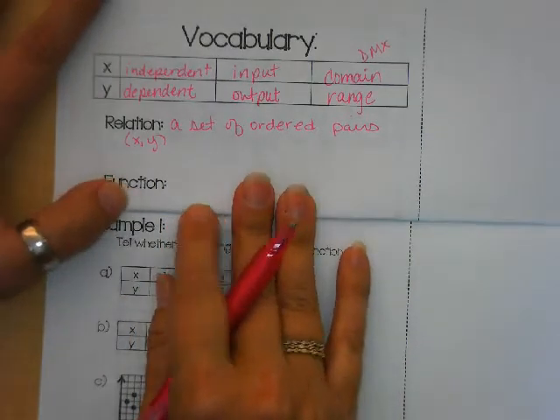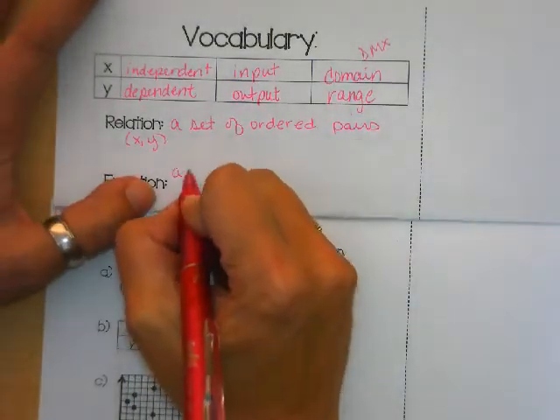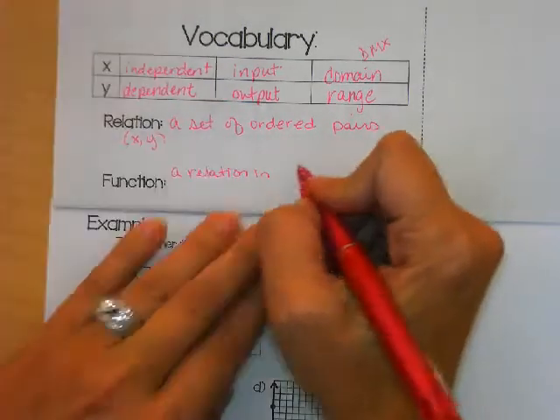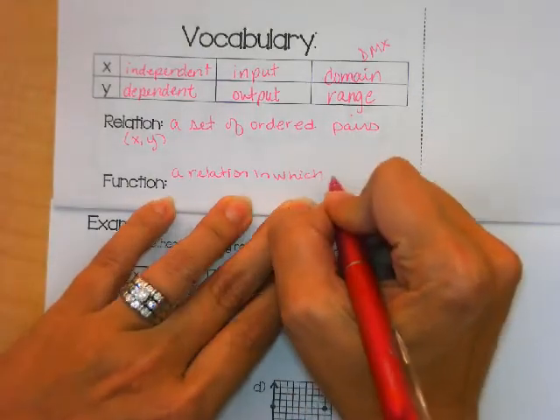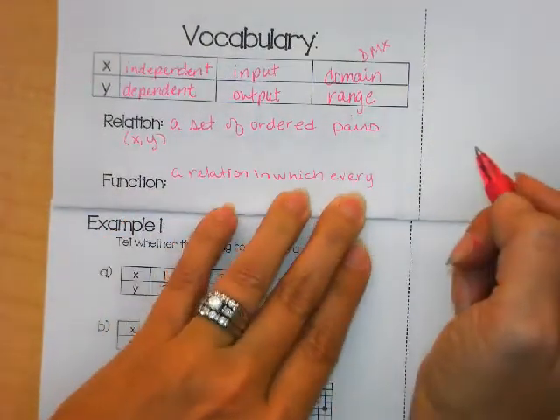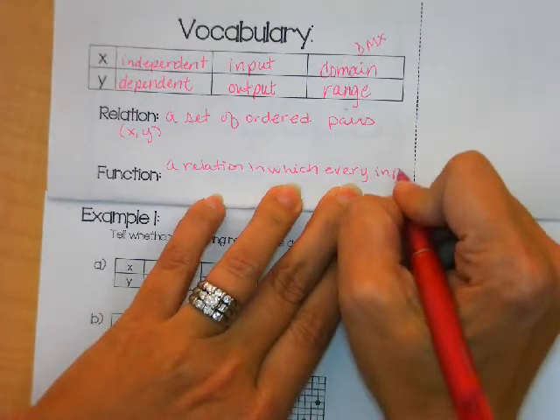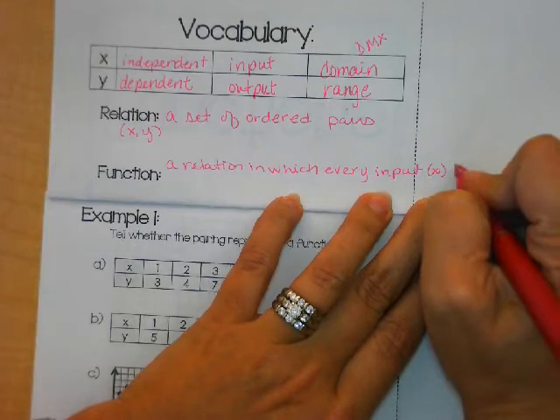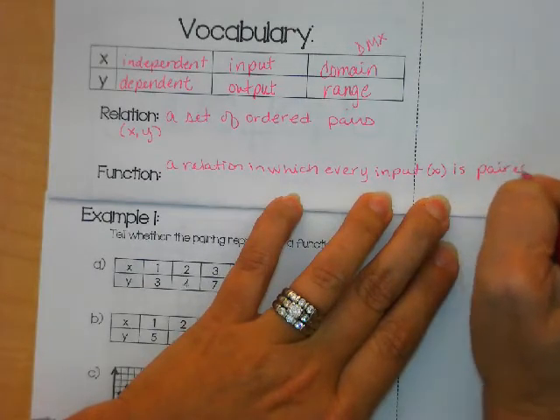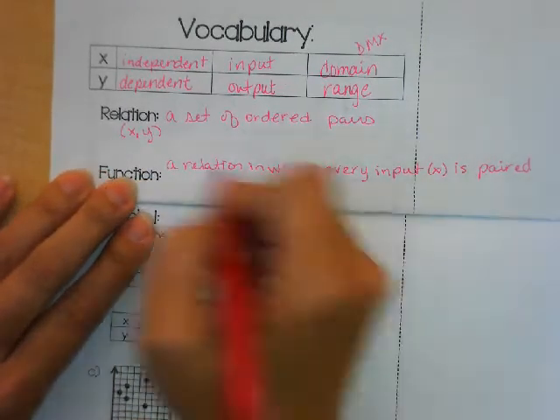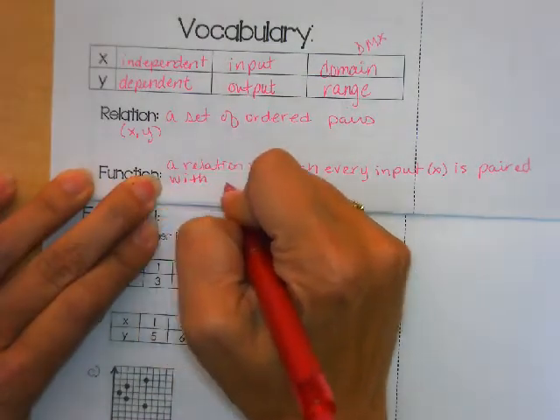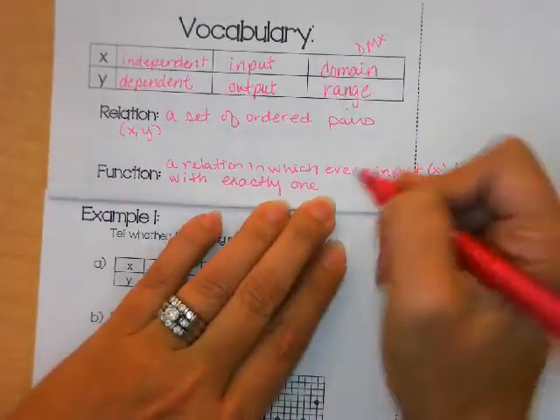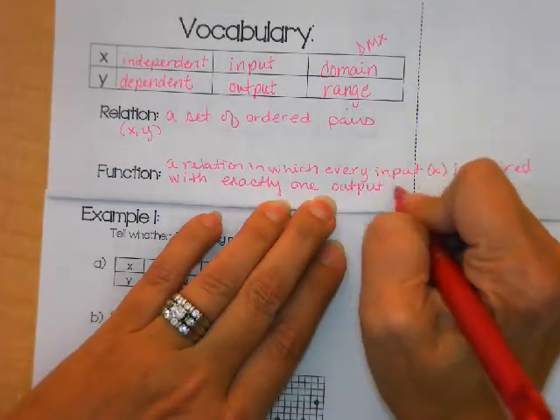A function is a relation in which, and this is going to be super important, every input, or x, is paired with exactly one output, or y.